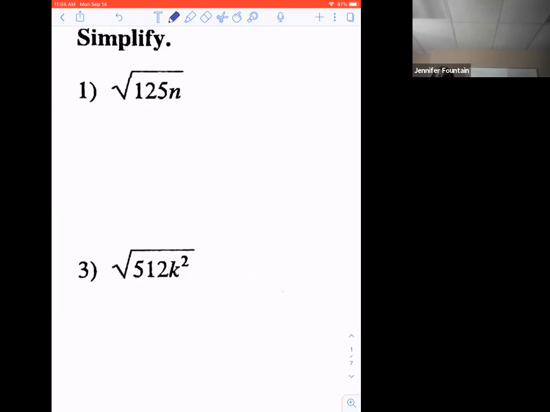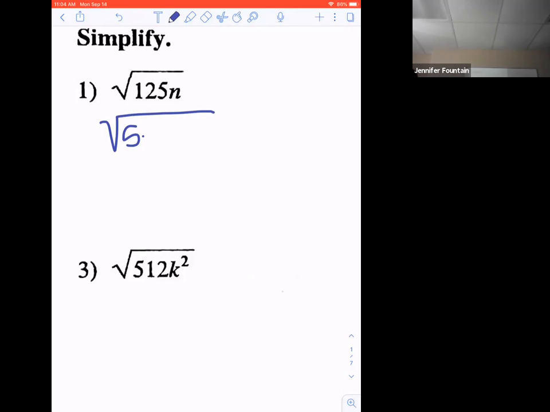What is my next prime factor after 3? 5. 4 is not prime. 4 is 2 times 2, so I'm going to try 5. And 125 is divisible by 5 because it ends with a 5. So our first prime factor will be 5. 5 times what is 125?